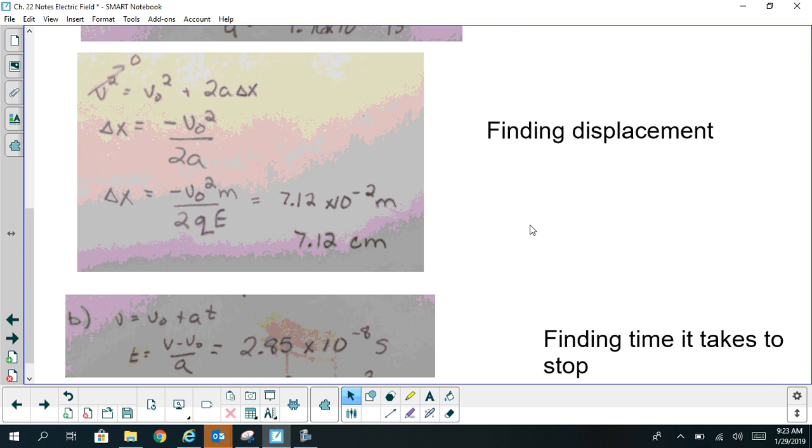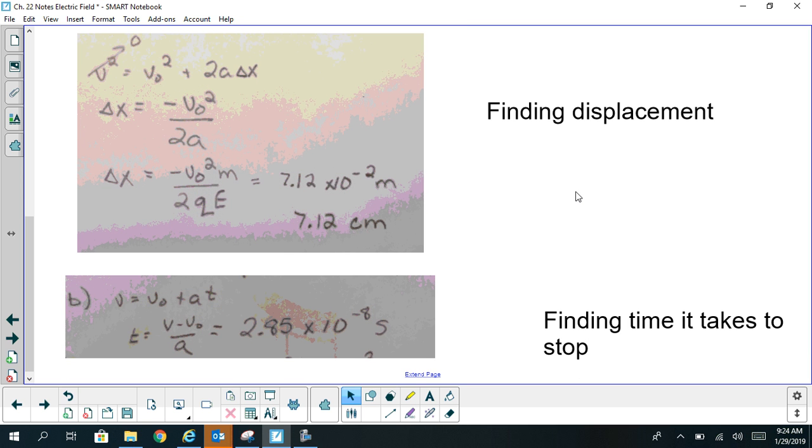All right, so you're back with me, finishing your problem on your own. So you can see the equation that I've chosen to use. You could have done B, then done A, like you could have flip-flopped those, but regardless, we should have found the displacement as 7.12 centimeters, or 7.12 times 10 to the negative 2 meters.